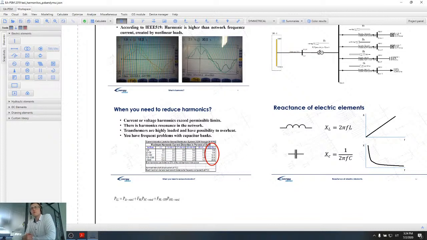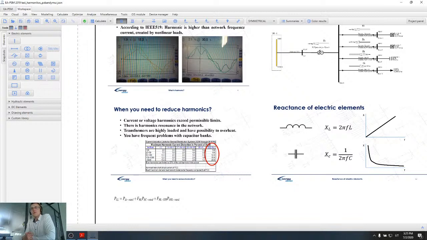So only one of these is represented. Basically in the software we only have current source representation of the harmonic sources, and this is the main type that we need in industry. So if you do studies regarding industrial companies, low voltage networks, also medium voltage networks, the capability of our software is enough to calculate nonlinear loads.